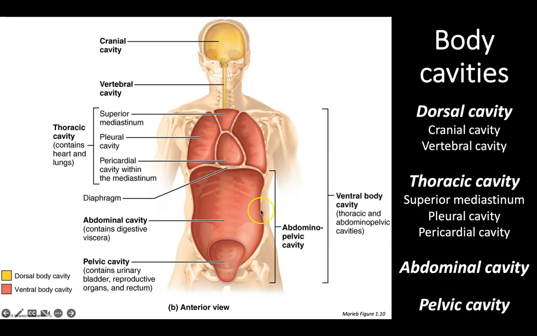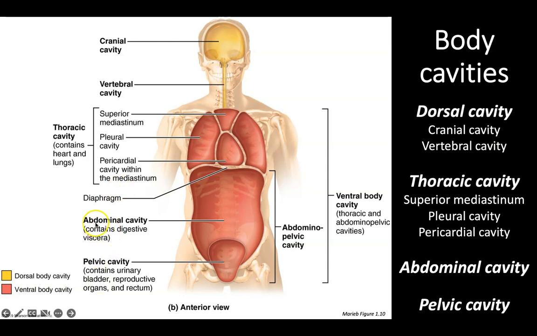If we move down, we can see the abdominal cavity, still pretty large, and the pelvic cavity below it. Sometimes you will see in your textbook, these are combined. And so you'll see that a lot actually in anatomy where words get glued together.